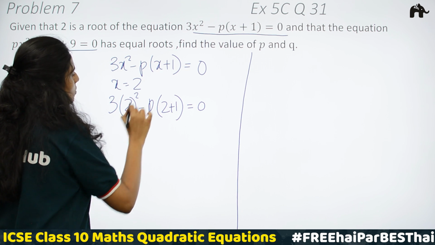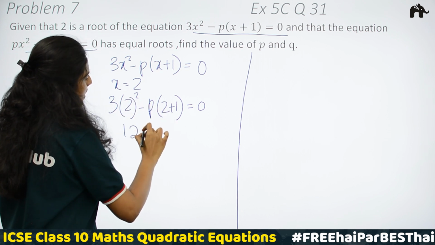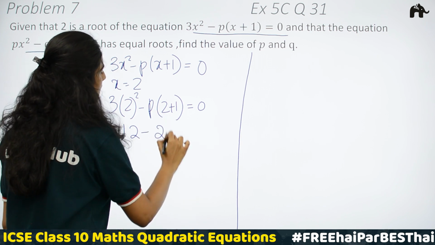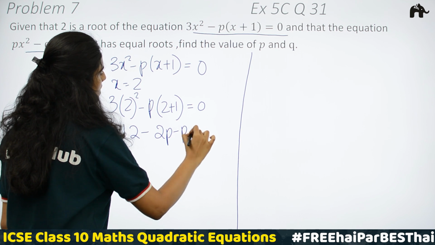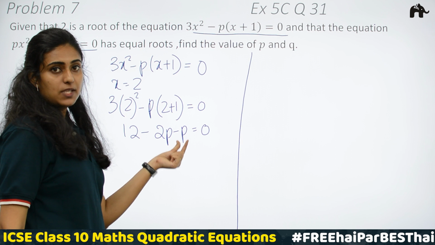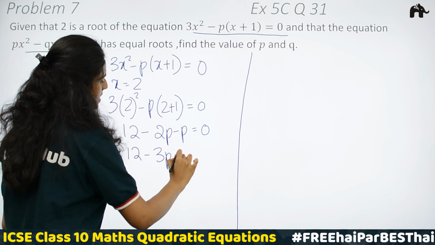That is 2 square 4, 4 into 3 12. 12 minus, removing the brackets and multiplying, we get 2p minus p is equal to 0. Minus 2p minus p is minus 3p. 12 minus 3p is equal to 0.